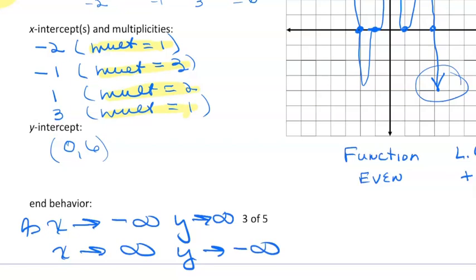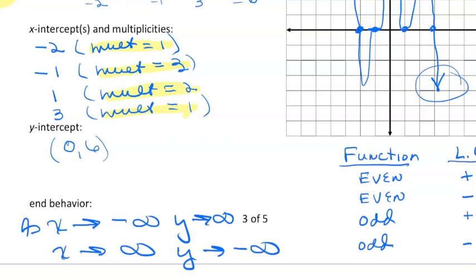If my function is even and my leading coefficient is negative, the graph's going to be down, down. If my function is odd and my leading coefficient is positive, my graph's going to be down, up. And if my function is odd and my leading coefficient is negative, my graph's going to be up, down. Okay, this is what you want to memorize.